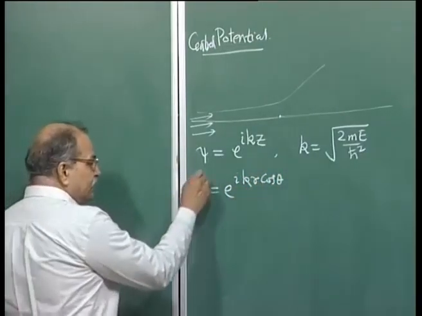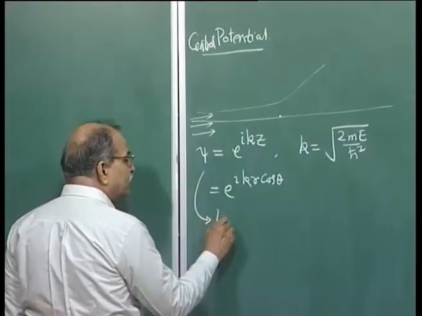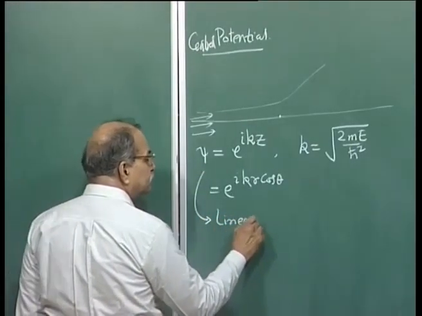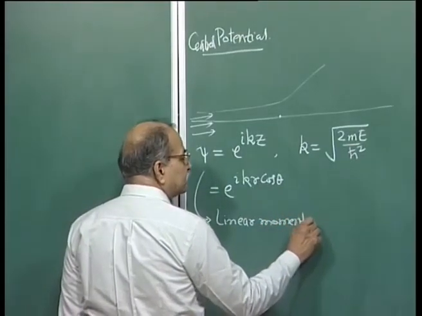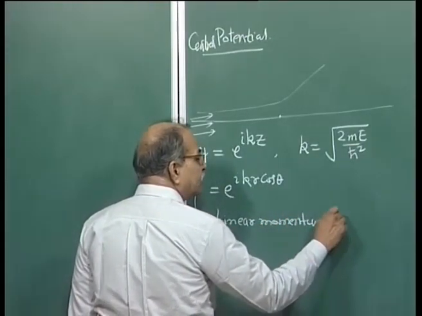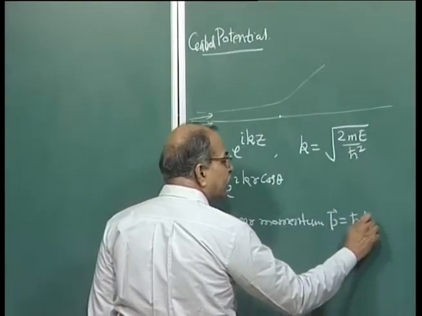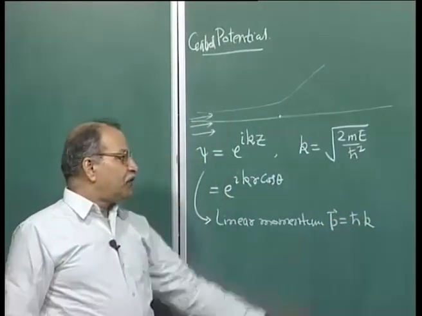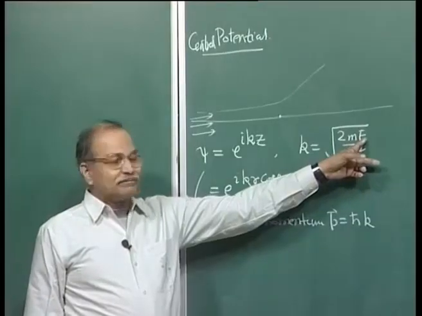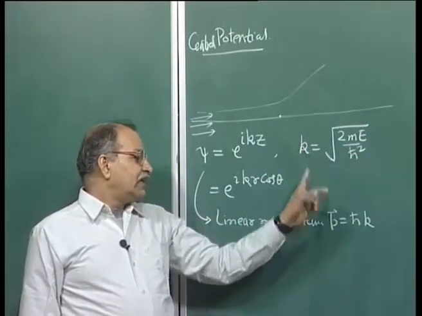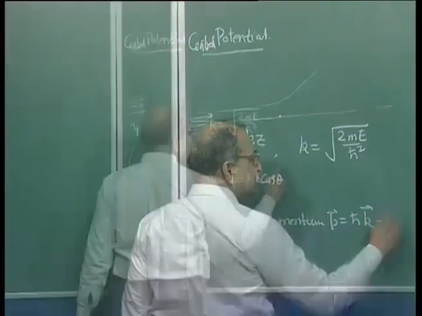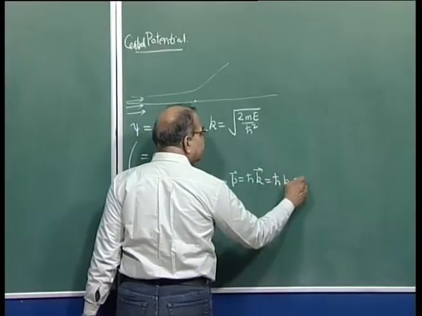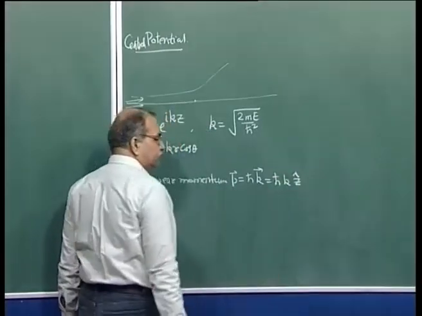Okay. And in this, what is the linear momentum? Linear momentum P is h cross k. So, if you have fixed the energy, k is fixed, and this linear momentum is also fixed: h cross k in the z cap direction.